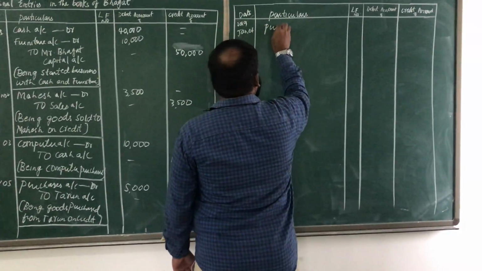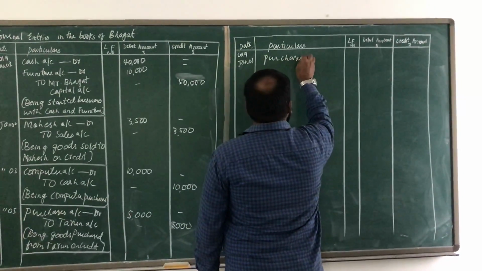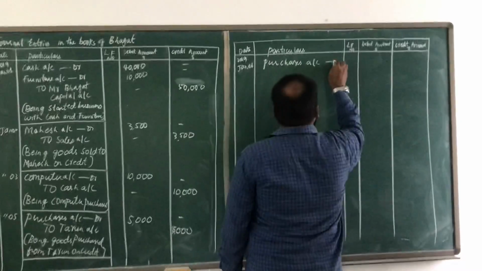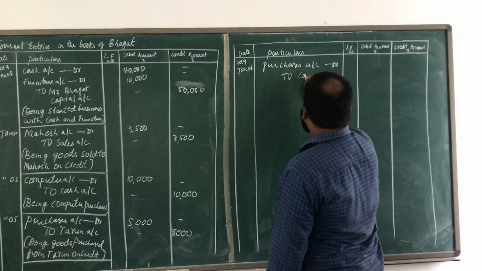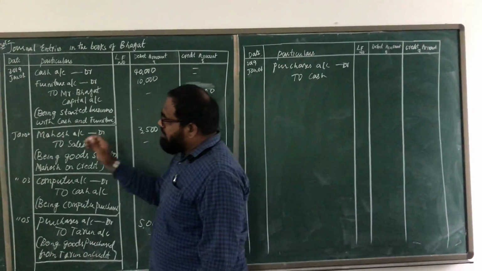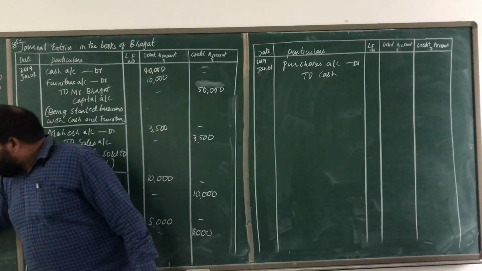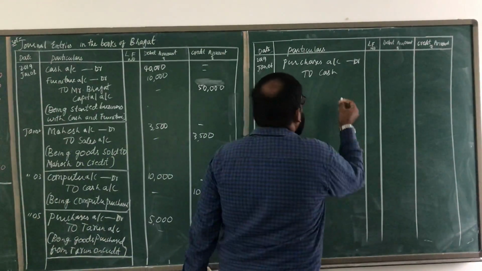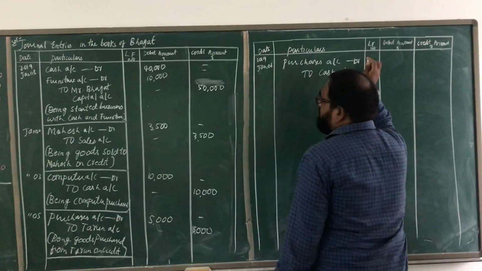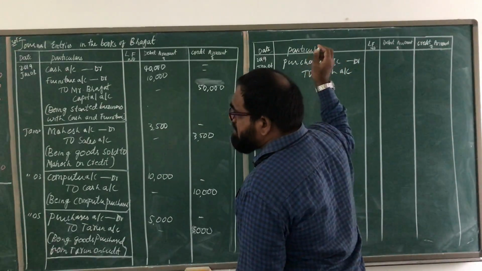Purchases is always debit. Purchases account debit, to, at the same time, what is going out? Cash is going out, to cash account. Cash comes under real account. So as per the real account rule, debit what comes in, credit what goes out. So to cash account, we are writing the credit. Amount is 10,000.